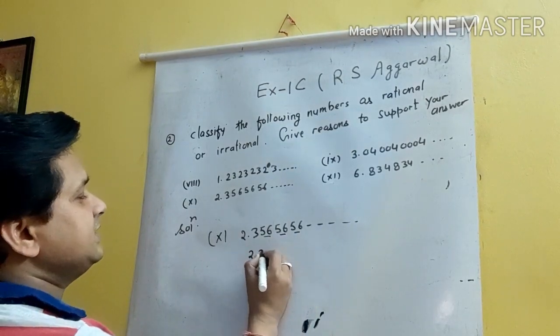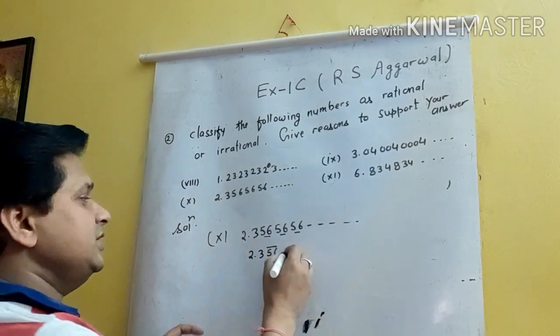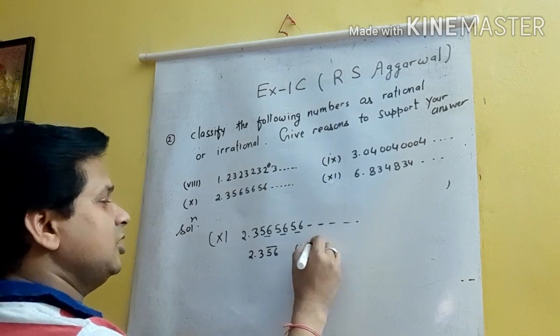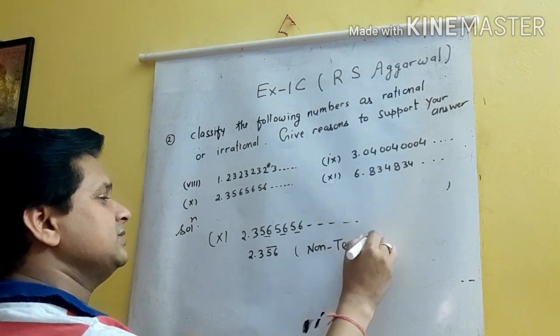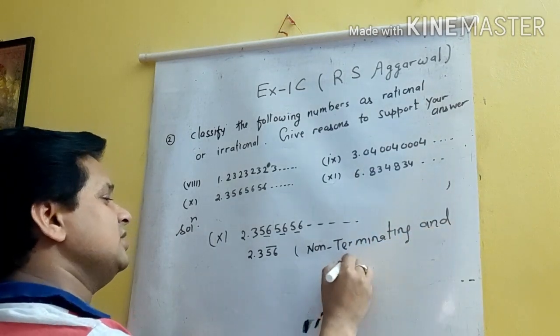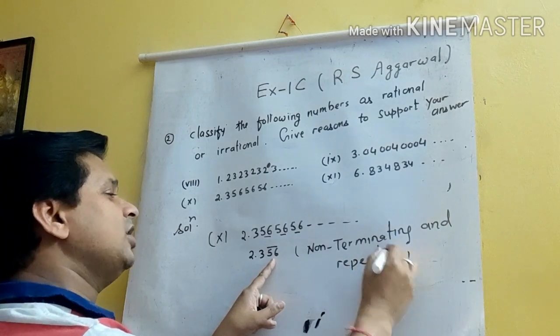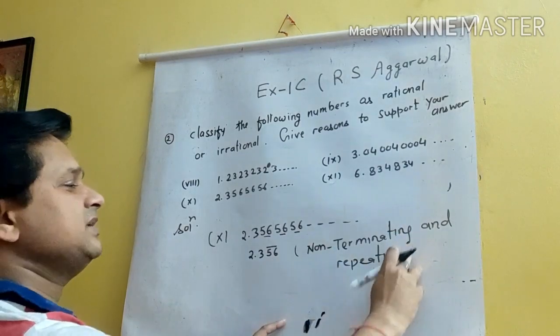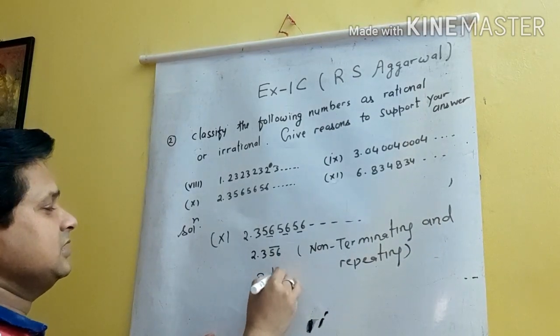So I will use a bar above 5 6. So this is non-terminating and repeating, because 5 6 is repeating, and you know non-terminating and repeating decimal expansions are rational numbers. So this is a rational number.